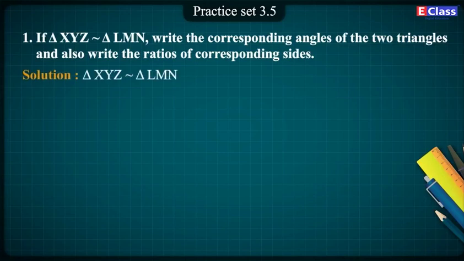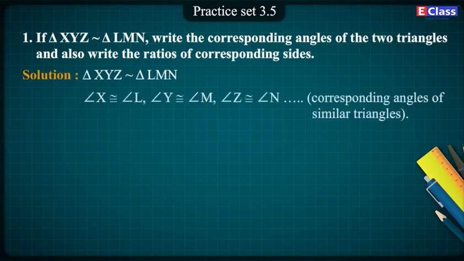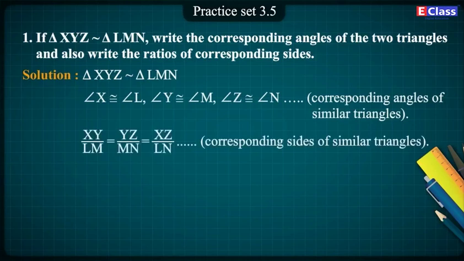Angle X is congruent to angle L. Angle Y is congruent to angle M. Angle Z is congruent to angle N by corresponding angles of similar triangles. XY upon LM is equal to YZ upon MN, which is equal to XZ upon LN, as they are corresponding sides of similar triangles.